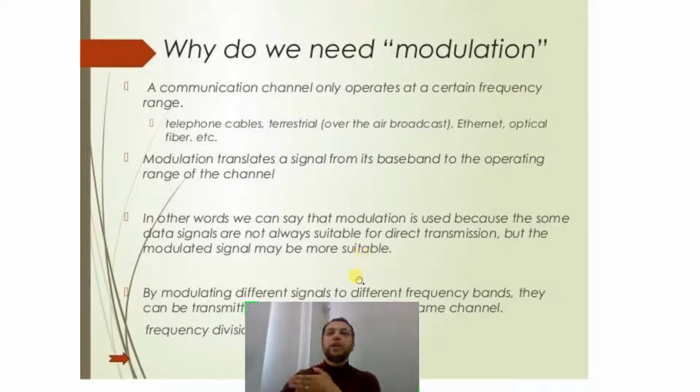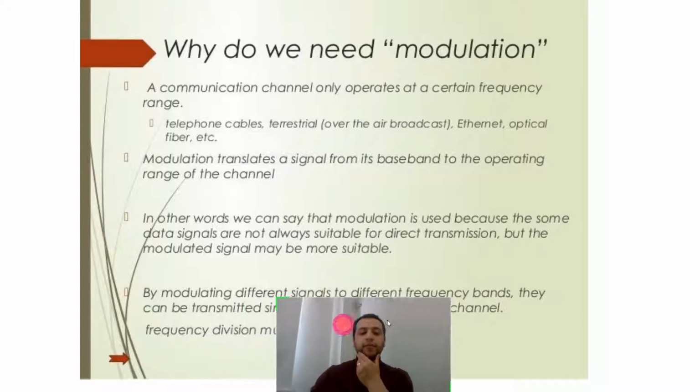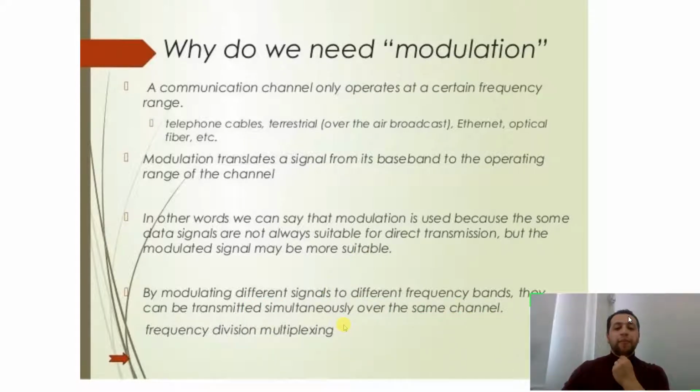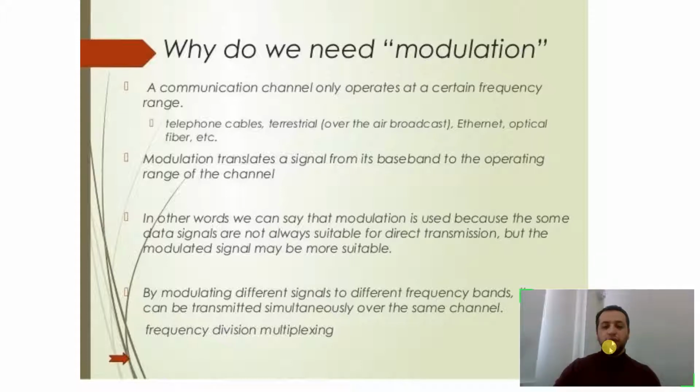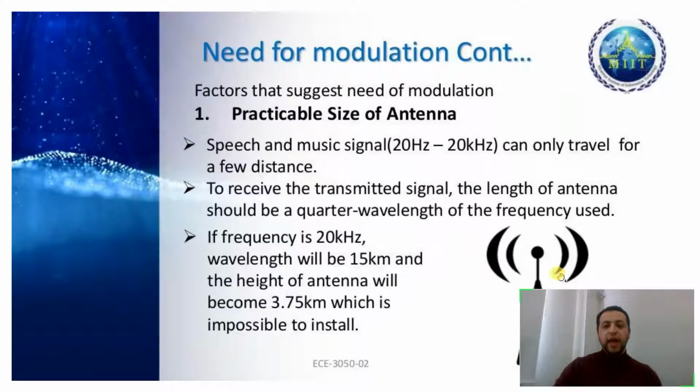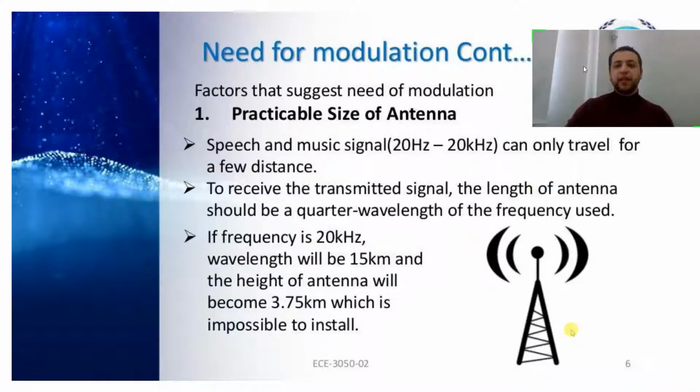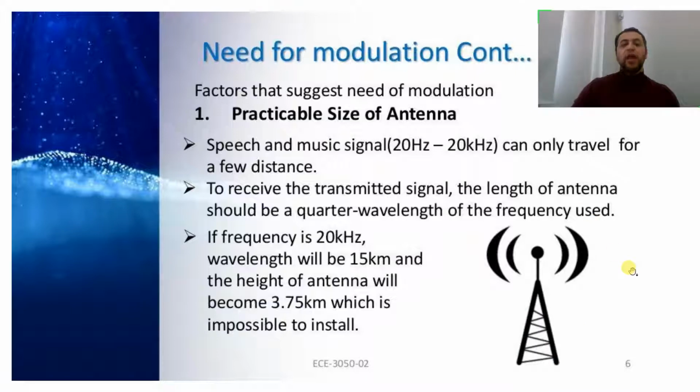You have to make some changes to the signal so that you make it suitable to be transmitted over the channel. So, by modulating different signals to different frequency bands, they can be transmitted simultaneously over the same channel. This is a technique that we usually use called frequency division multiplexing. Again, let's get this example.